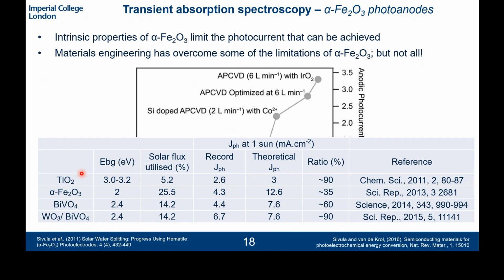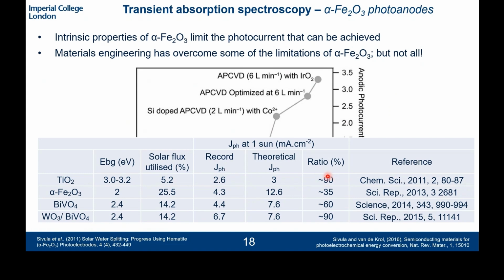So if we look at all of the different materials, we can see that titanium dioxide, in terms of the record photocurrent it can achieve versus its theoretical, has a ratio of around 90%. So it can really well separate those charges that are formed when light interacts with the material. They can travel to the surfaces where they have to react, and they have good catalytic efficiency.